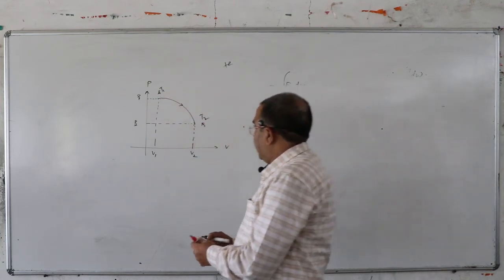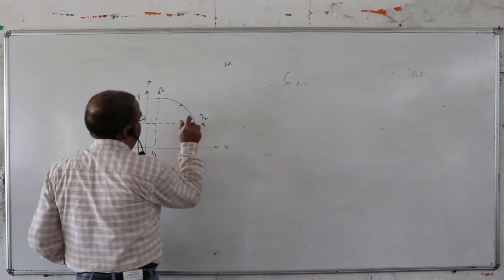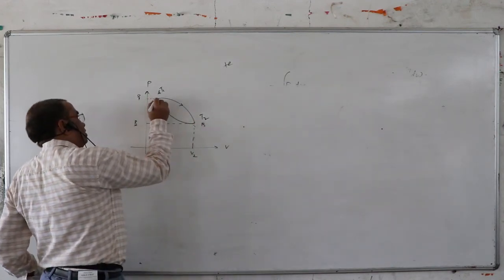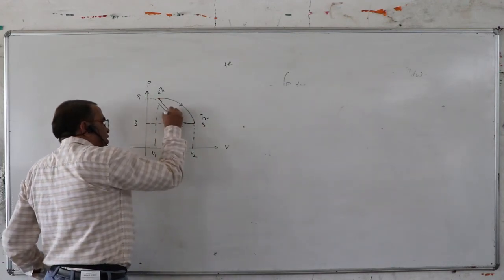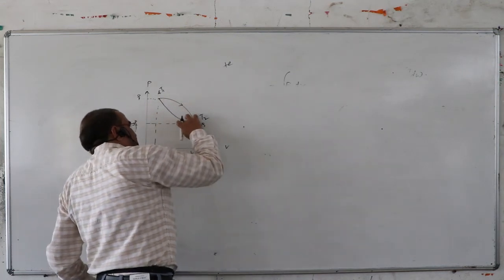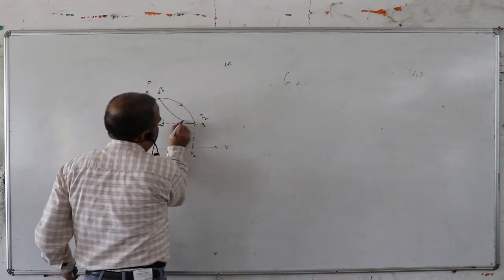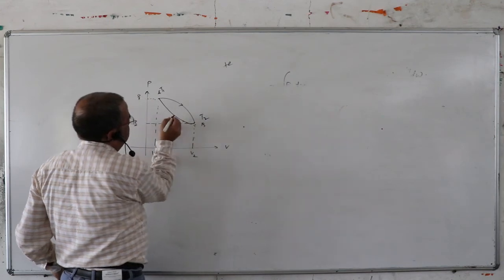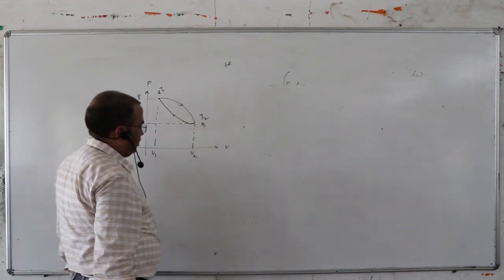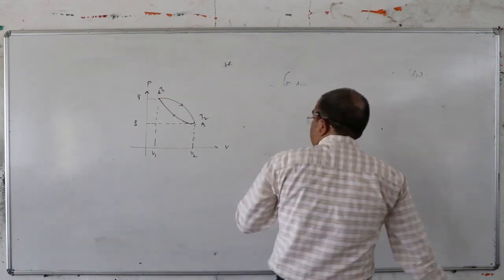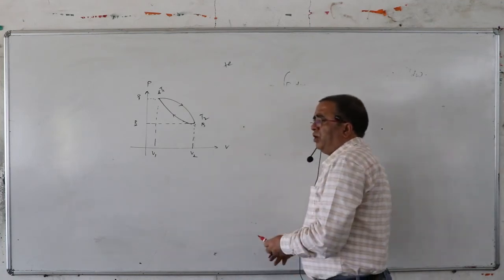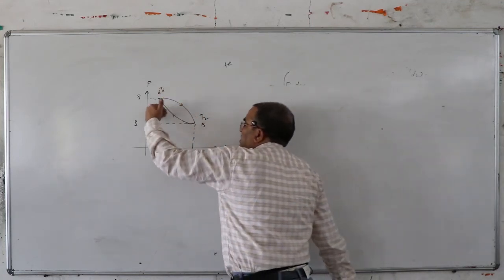And if it is now taken back from B to A like this, definitely this is a reversible process, or even cyclic also.